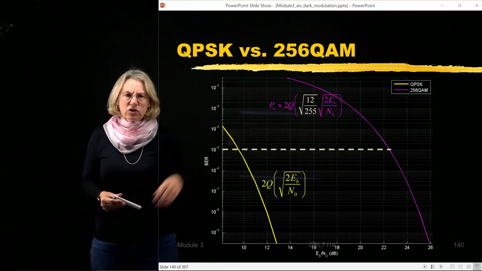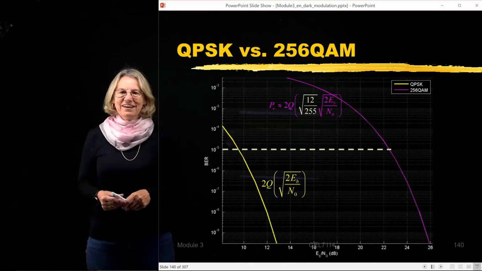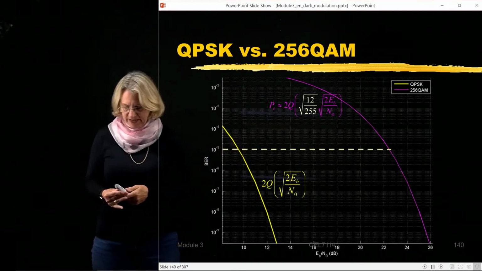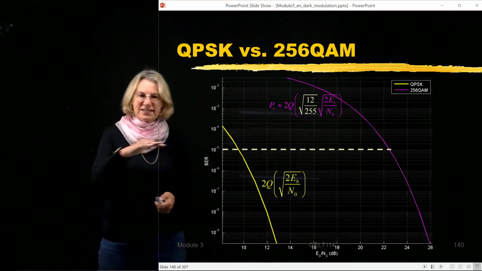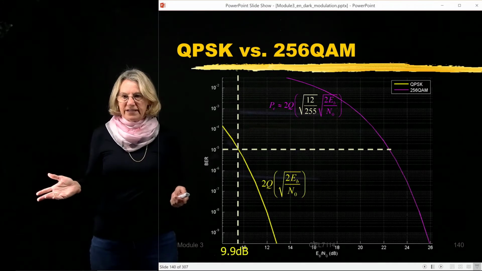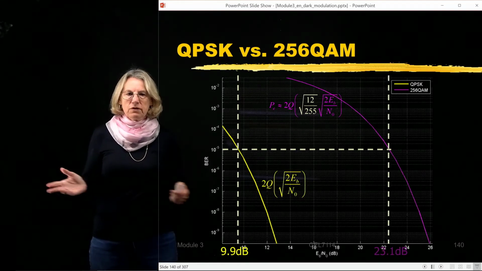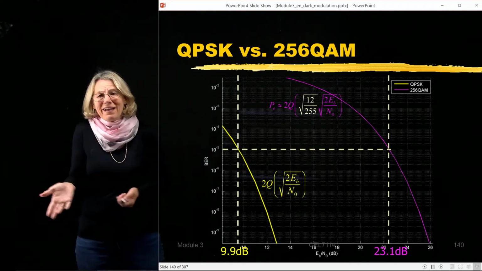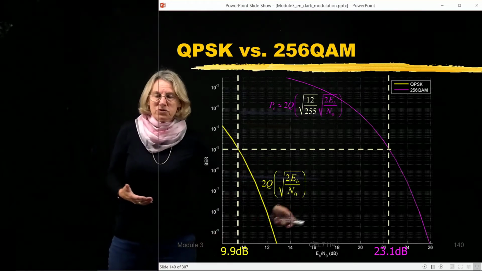So if I looked at 10 to the minus 5, and in Matlab I generated the two curves, then I can look for 10 to the minus 5 and say, if I want to get 10 to the minus 5, with QPSK I only need 9.9 dB. But if I were going to use 256 QAM, of course, I'd need 23.1 dB. So I could use Matlab and read those two different numbers directly.